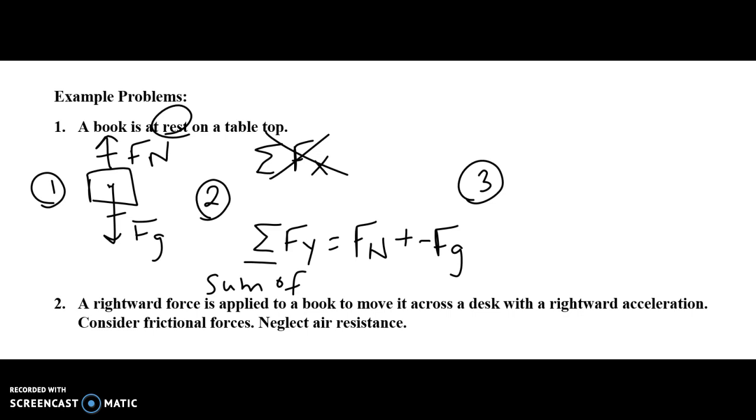The third step is to actually write out a Newton's second law equation for both directions. There are no forces acting in the x direction, but in the y direction, we know that Newton's second law says that net force is equal to ma.